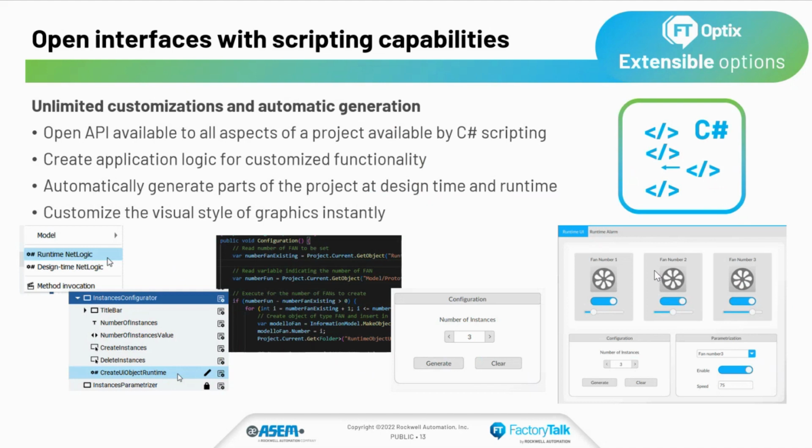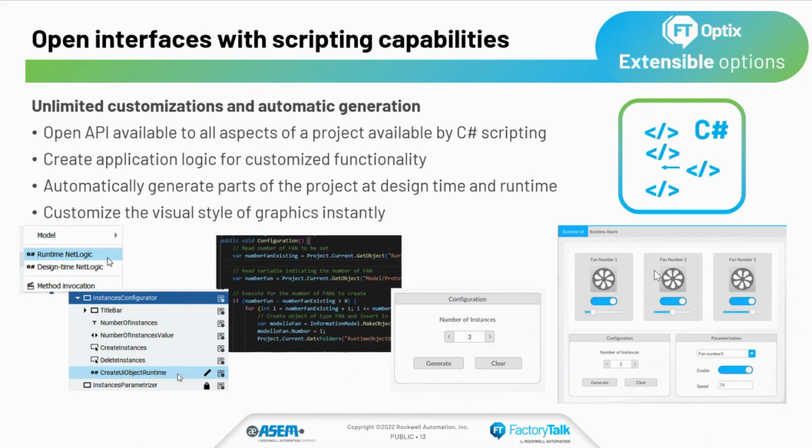And last but not least, FactoryTalk Optix. For your customers who are more programming savvy, they can get a lot more out of FactoryTalk Optix with open scripting capability. FactoryTalk Optix has an open API available via C# scripting. This allows customers to create custom logic inside the FactoryTalk Optix application to customize the functionality of the application and how it behaves.